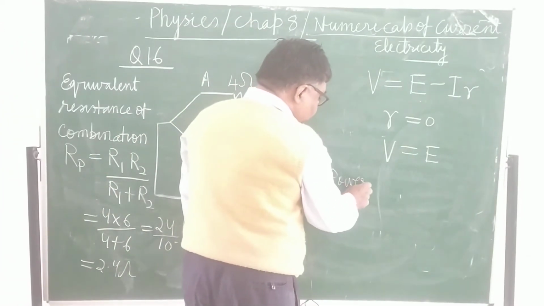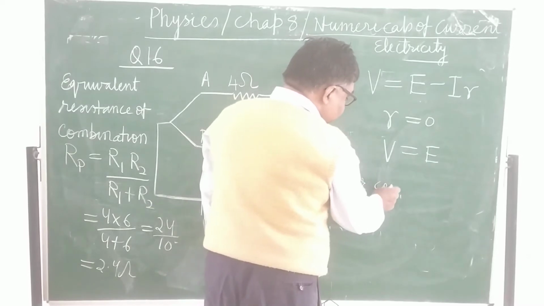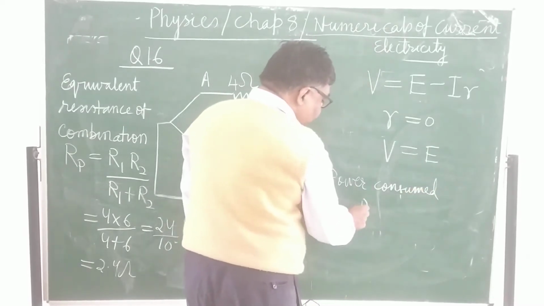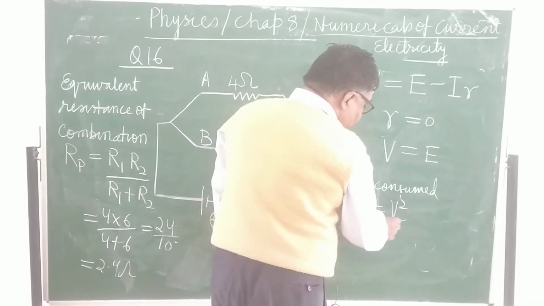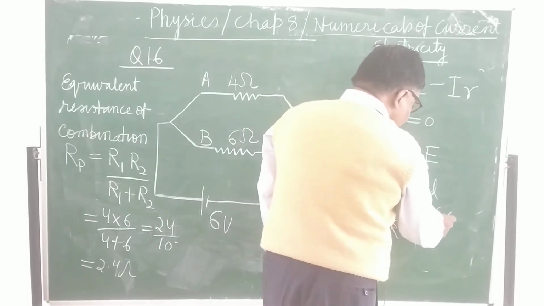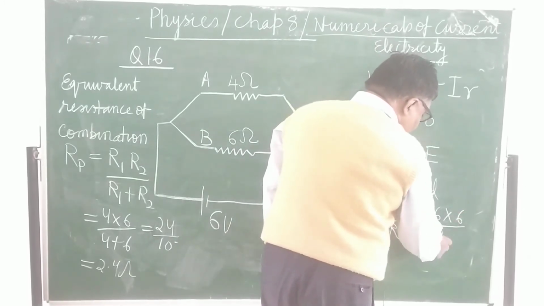So power consumed, you write down: P equals V square upon R. What is V here? V is given, 6 into 6 upon 2.4.